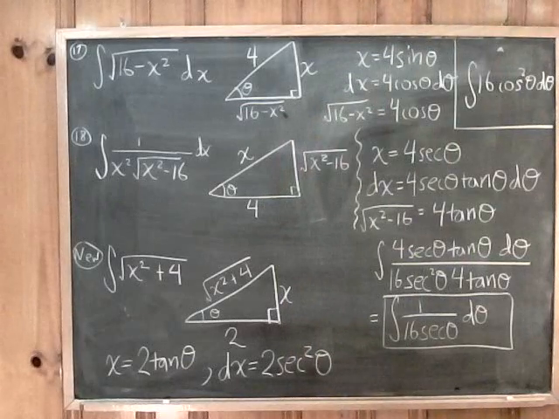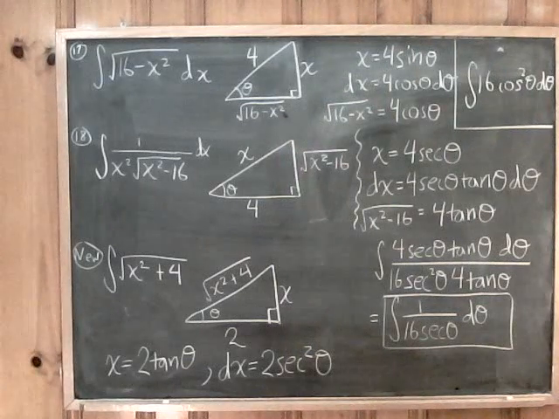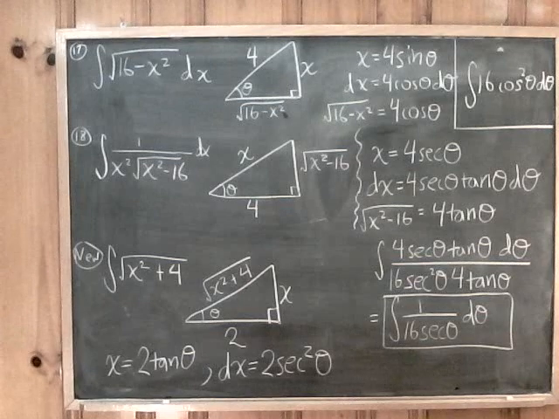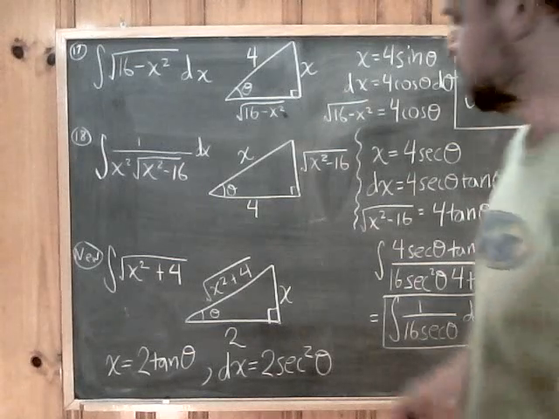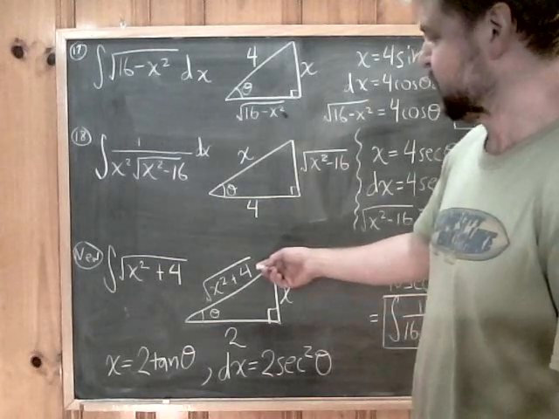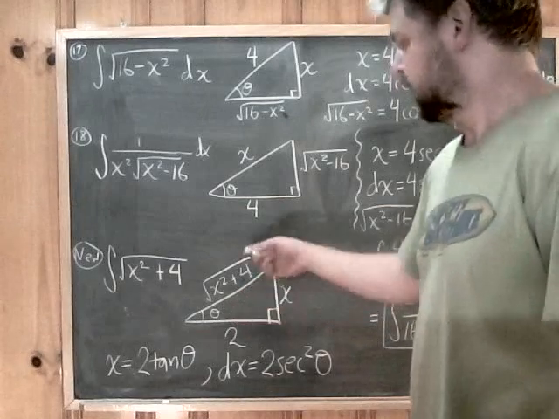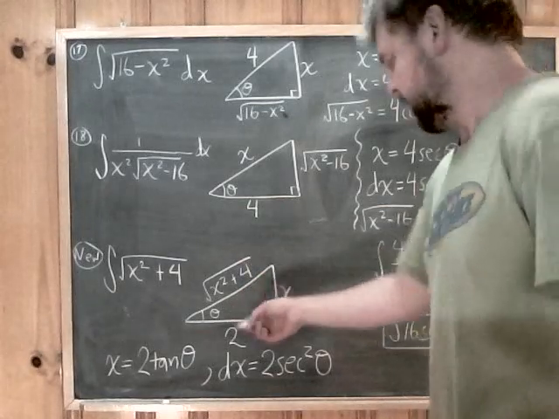So there's those 2 parts of it. And the square root of x squared plus 4, that is the hypotenuse, and in terms of the triangle, it's useful to think of that as using the secant, because the secant of theta is the square root of x squared plus 4 divided by 2.